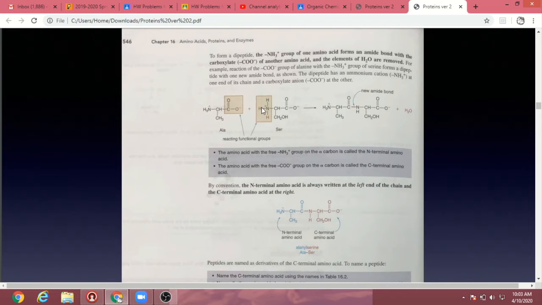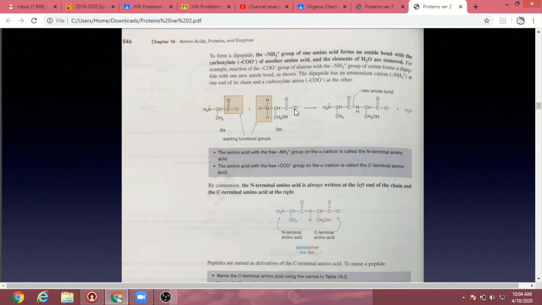The side chain of an amino acid is really what makes it unique. That's kind of its name, its dog tag, because on every amino acid you're going to have a carboxylic acid and an amino group. The side chain is what makes it different. In this case, we're dealing with alanine and serine, so you can see how the side chains are a little bit different there. And so those are very important too. But it is easy to remember that the carboxylic acid and the amino group are what join, okay?